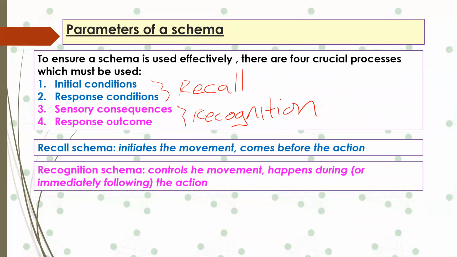And then the second 2 are known as recognition schema, which are to do with slight adjustments and the control of the movement that happens, and it either takes place during or immediately following the action that's being performed. Just make sure you've got all of that down. You've got a clear understanding of the 2 different groups that schema can be split into.